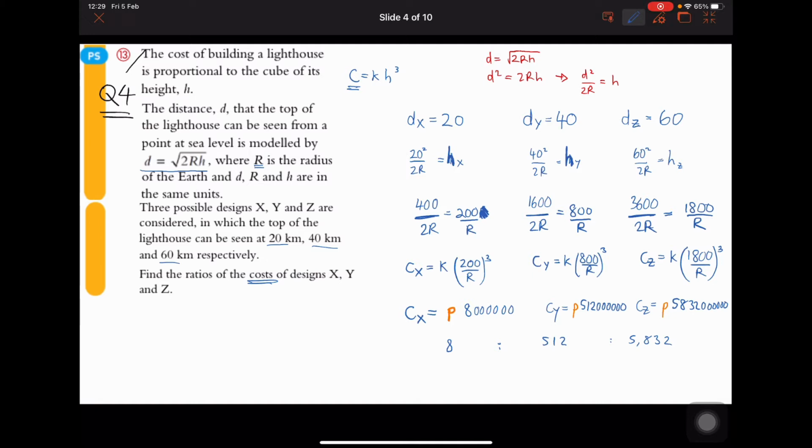Now if we divide it all by 8, well, of course, 8 divided by 8 is 1. Then 512 divided by 8 is 64. And 5,832 divided by 8 is 729. So now we found the ratios of the costs of designs X, Y, and Z.